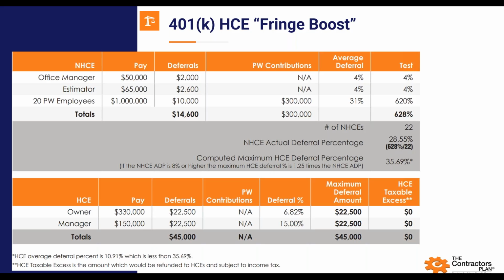And so if the employees themselves don't defer, then the owners can't defer, and it's almost like, why even put in place a plan? But in this scenario, we're now using $300,000 of prevailing wage contributions. We're now able to maximize, up to the legal maximum of $22,500, the highly compensated employees, the owner and manager, for their own plan.